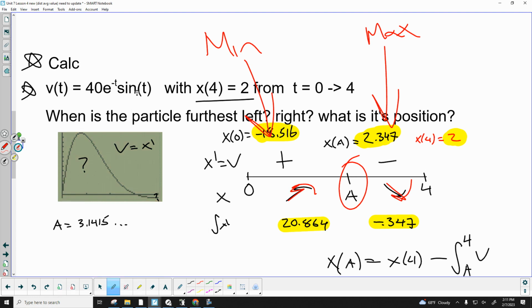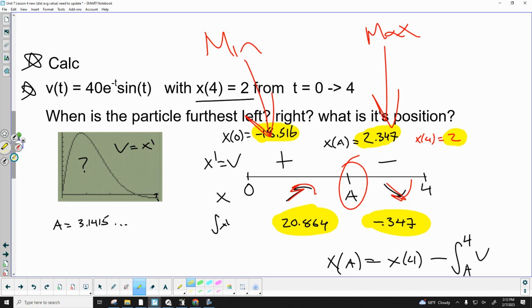We had that velocity. You graphed your velocity, and you did the sign analysis. Look at these two numbers, 20.864 and negative 0.347. If you add them together, you get that 20.5 value. If you add them as positive, you get the 21.212 value.